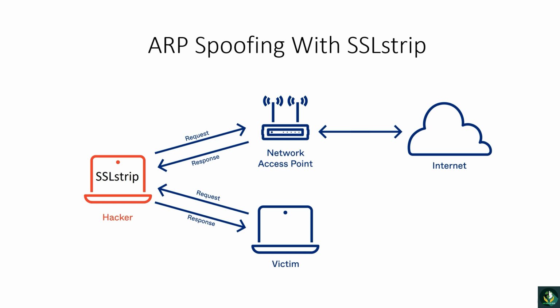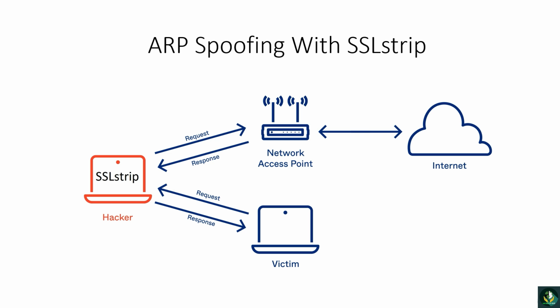So this is perfect for bbc.com, and for the victim as far as they're concerned, they don't know bbc.com can communicate over HTTPS, because every time they send an HTTP request, they are getting an HTTP response.